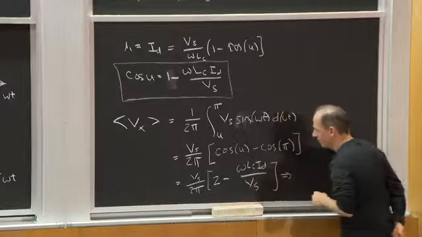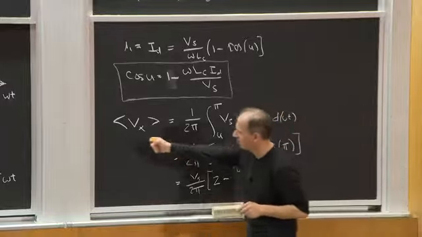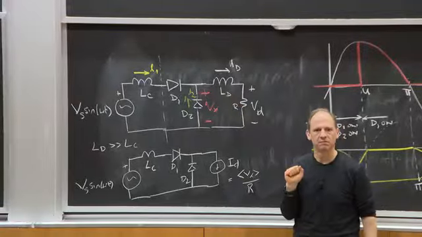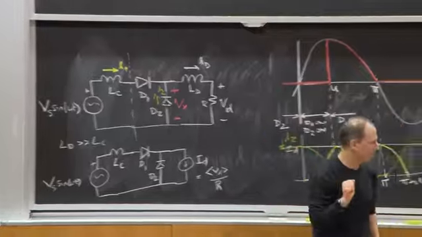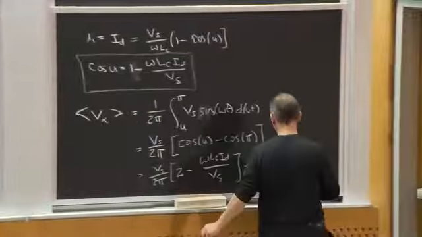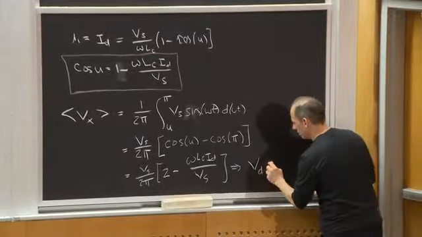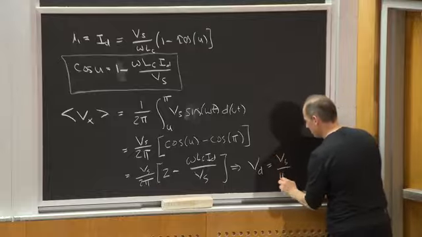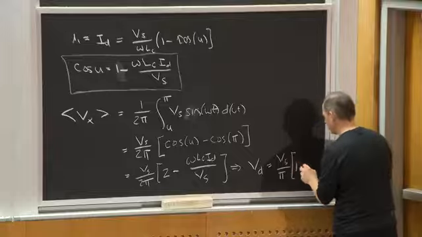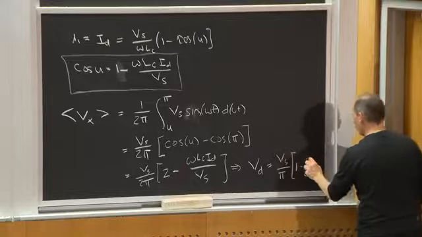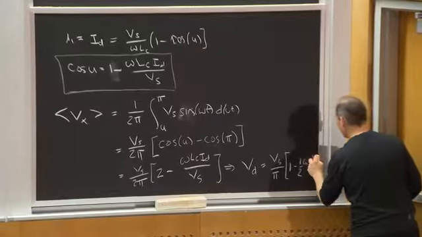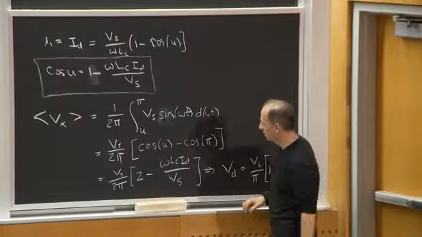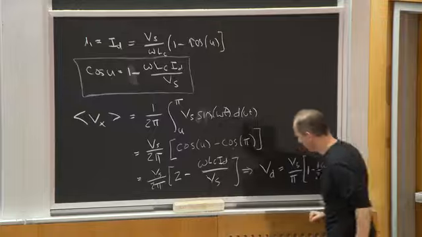So if I rewrote that, what I could say is the average value of Vx, once I filter it, is also Vd, right? The output of the rectifier. So Vd then becomes Vs over pi times 1 minus 1/2 omega LC ID over Vs. Sorry, that's a little bit of a mess. Okay, but it should be basically just this.